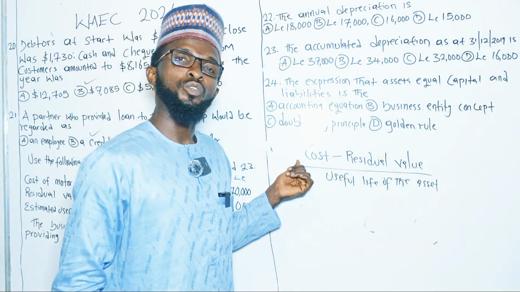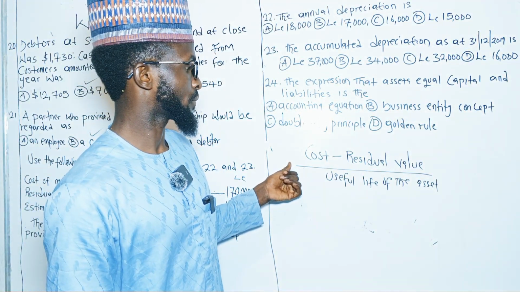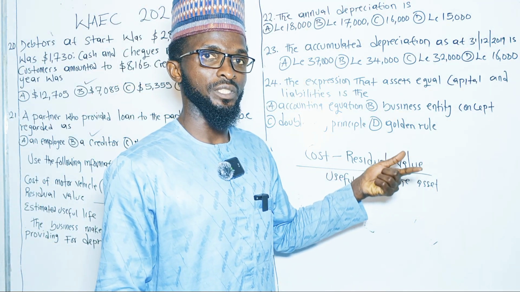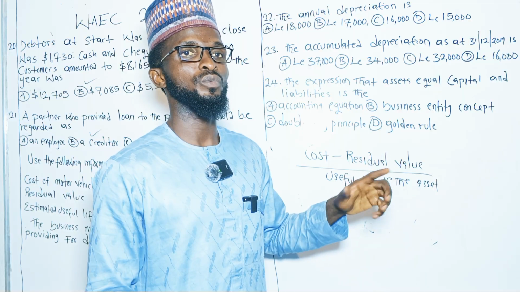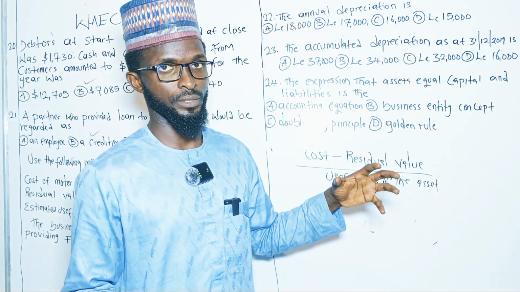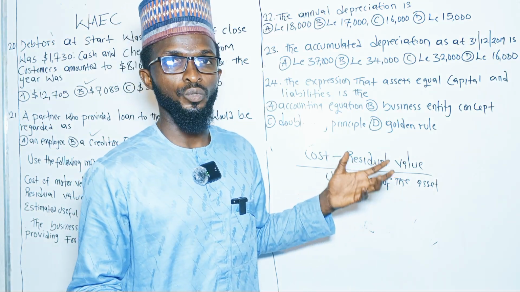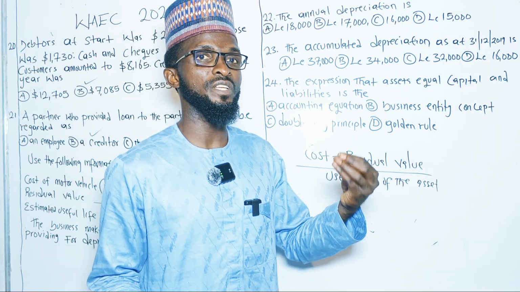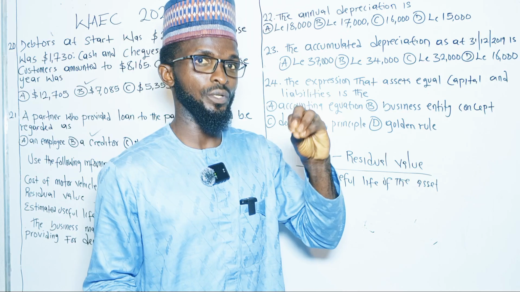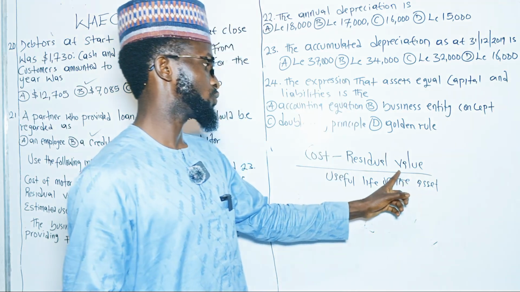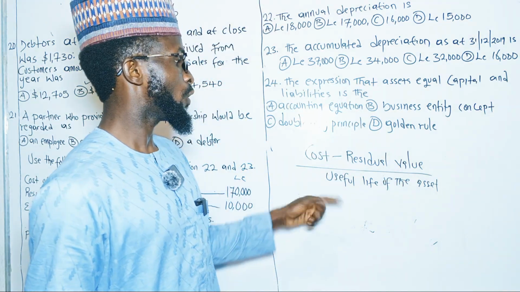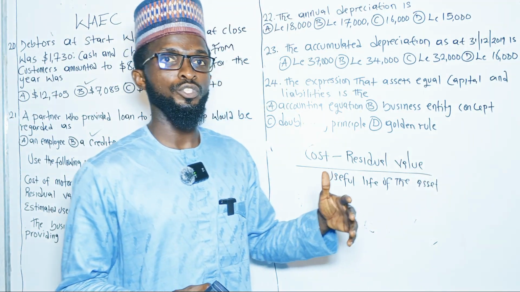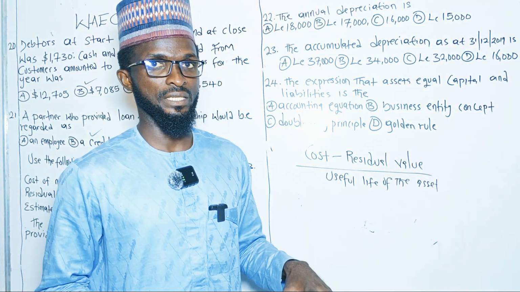The cost of the asset is the amount you purchase the asset for, minus the residual value. This is the amount we are expected to sell the asset for after we've used it within that stipulated period. Let's say the asset is going to spend 10 years with us. After these 10 years, how much would be the value of that particular asset? This is what you call residual value. All over the useful life of the asset. How long? According to this question, we have been given 10 years.